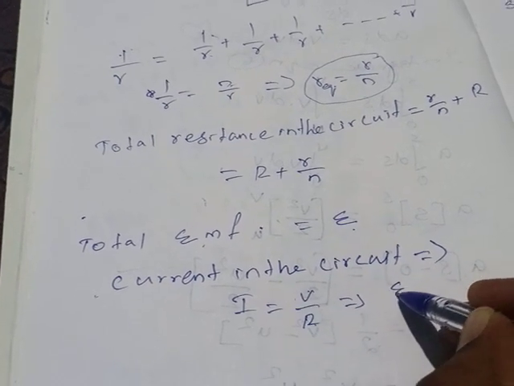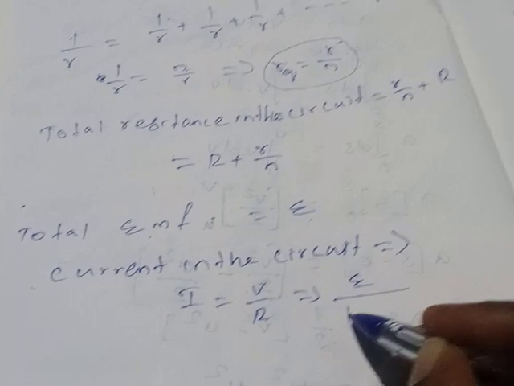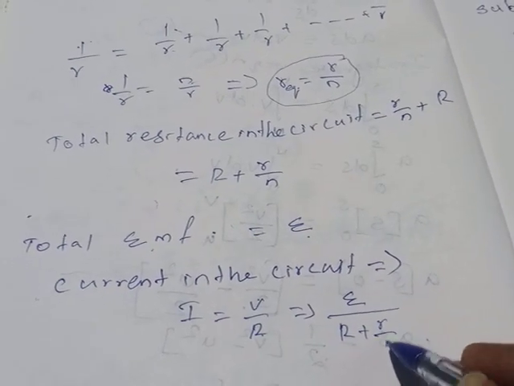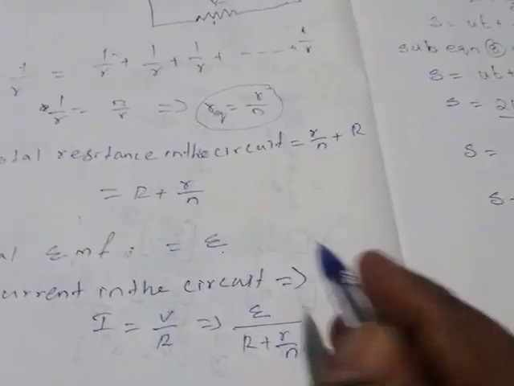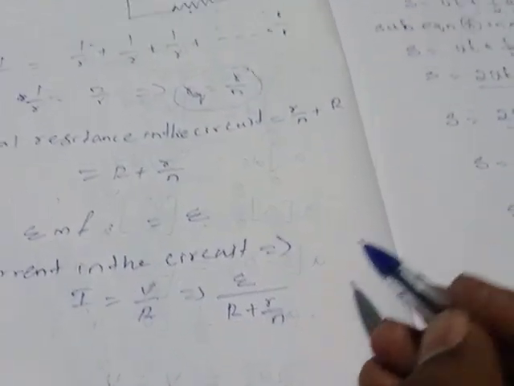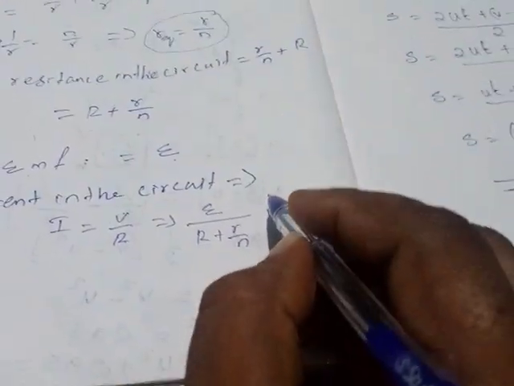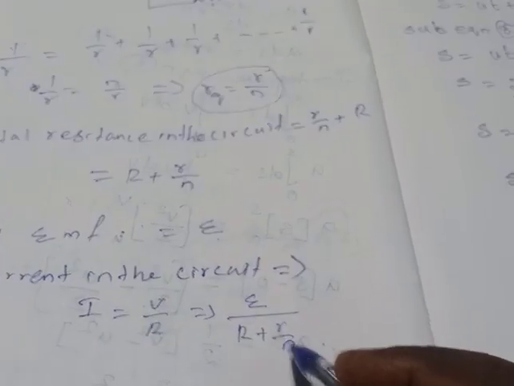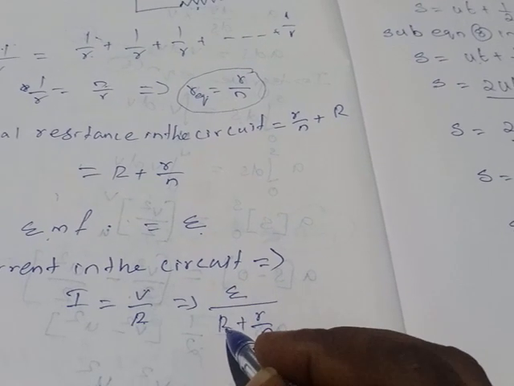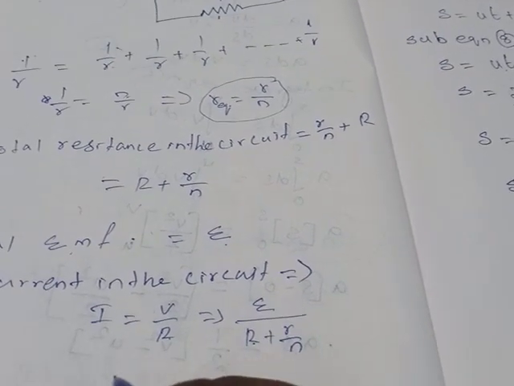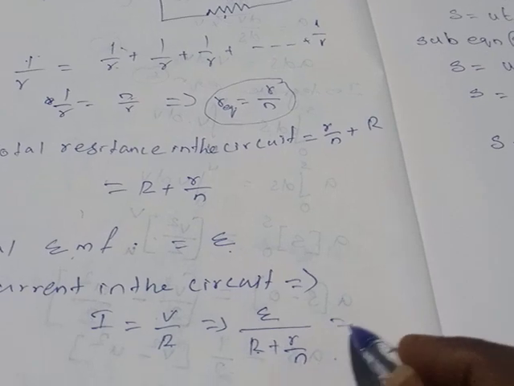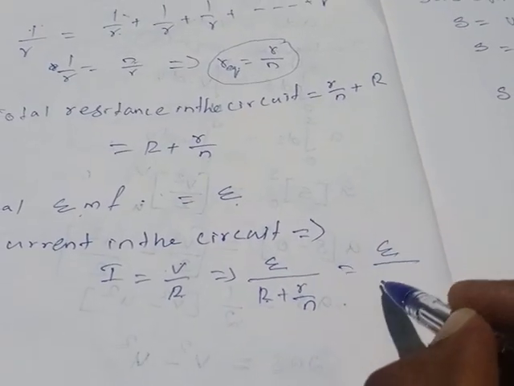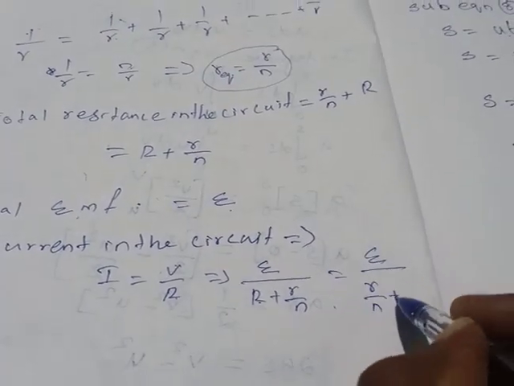Total EMF is epsilon and total resistance is R plus R by n. So you can write, taking the LCM of this n, epsilon divided by R by n plus R.